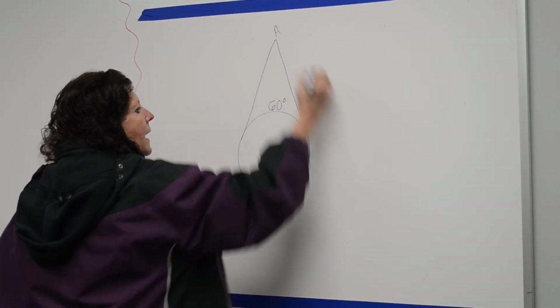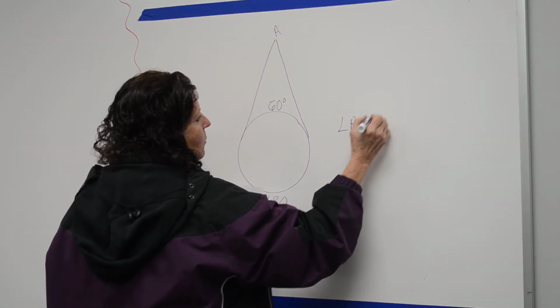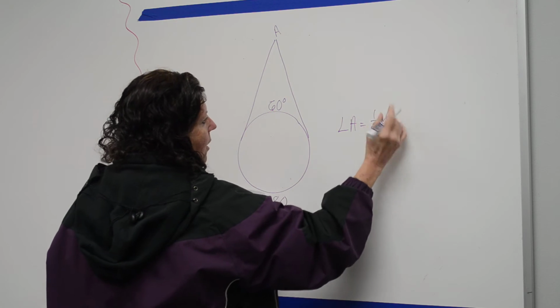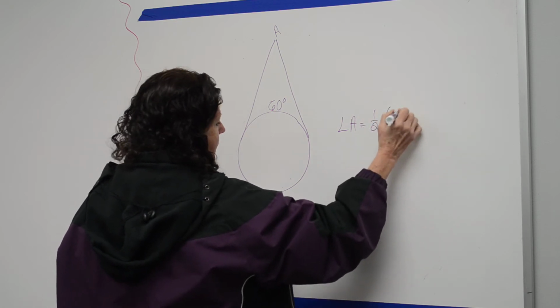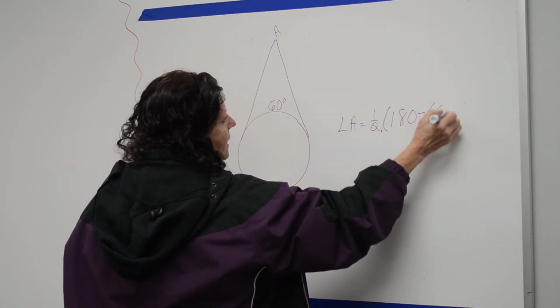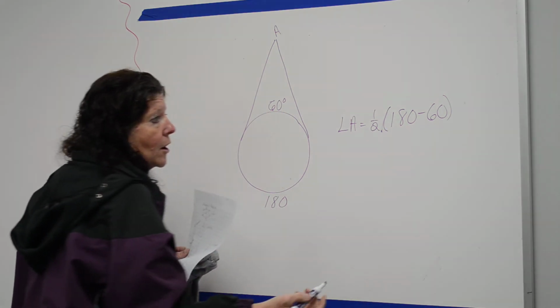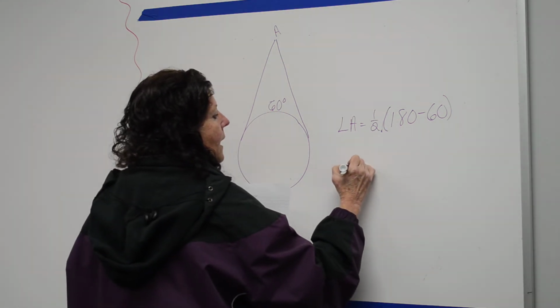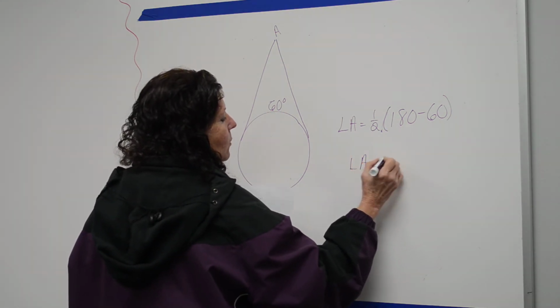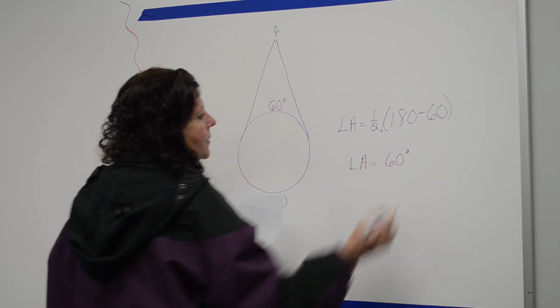Then angle A would equal 1/2 of 180 minus 60. So 1/2 of 120, so angle A would equal 60.